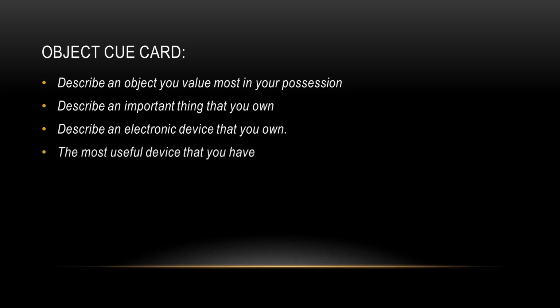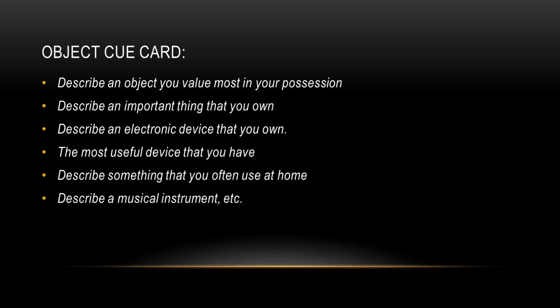The most useful device that you have, anything that might be. Describe something that you often use at home. Describe a musical instrument. So these are examples of object-related cue cards, and now we'll show you how you can describe one.